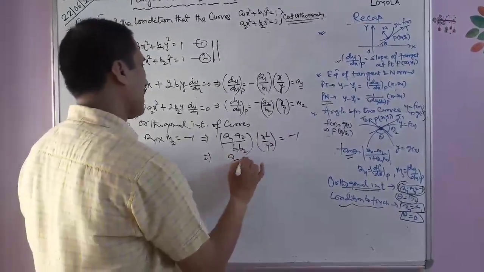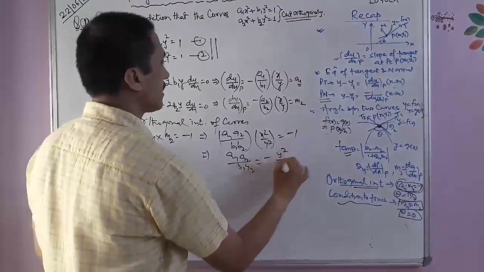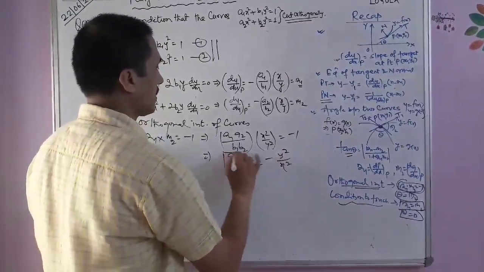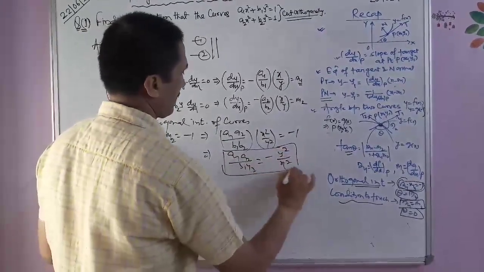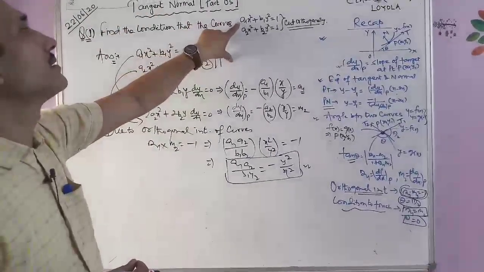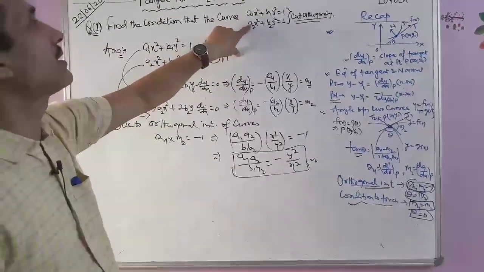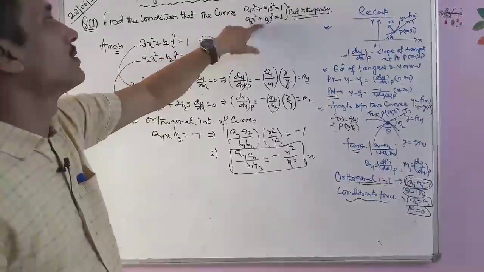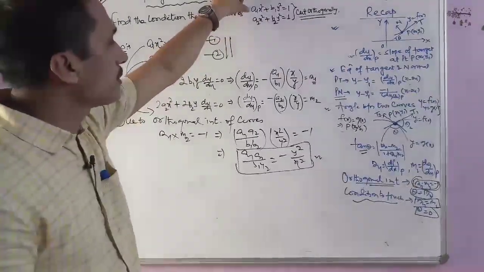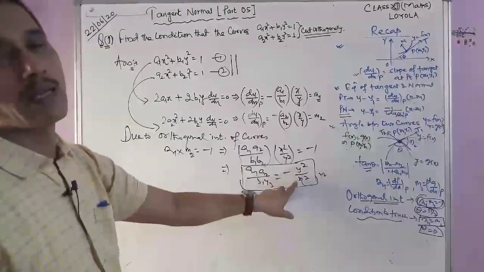This will give a1 a2 by b1 b2 equals minus y square upon x square. We have to find condition, that is relation between coefficients a1, a2, b1, b2. So our motto is here, how to eliminate this variable x and y.